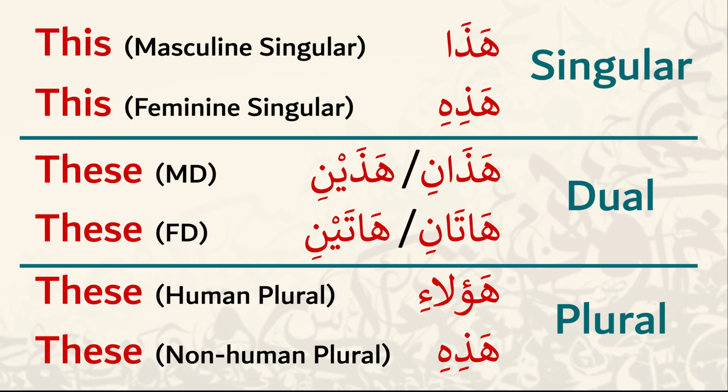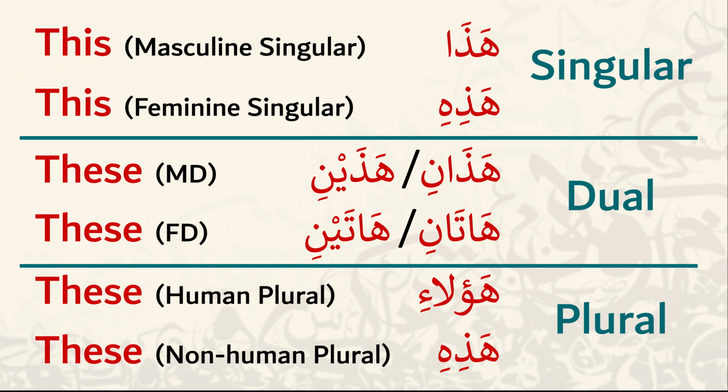It will not change no matter how we change the position of the pointing noun in the sentence. هذا ends with a consonant ألف, and all the remaining nouns end with a كسرة: هذه, هذان, هاتان, and هؤلاء.